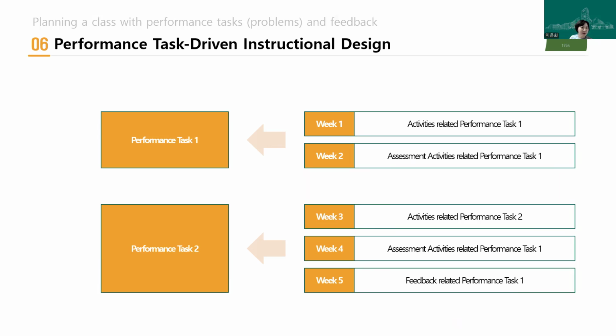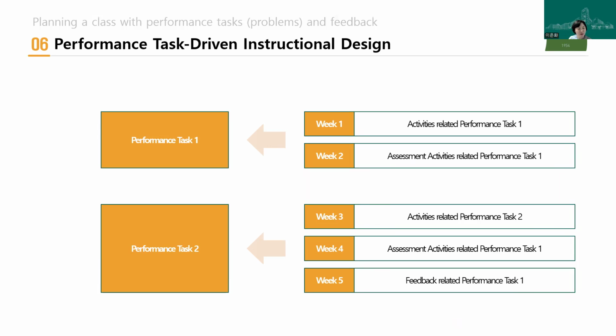Building toward performance task 2, third week 3, activities related to performance task 2 introduce new concepts building on task 1, connect to previous learning. And fourth week, assessment activities related to performance task 2, practice and formative checks.